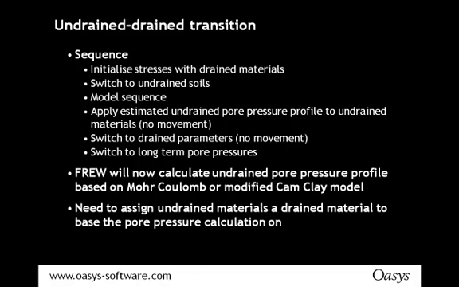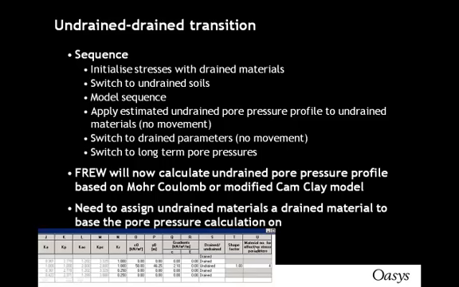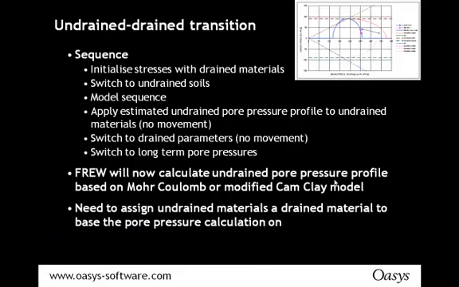So if you have a look at the bottom, it's quite small, but through the materials table you can see that specifically for an undrained material we've assigned a drained material, and from this drained material the effective stress parameters are taken. So if we look at the graph here, this is for the Mohr-Coulomb model.